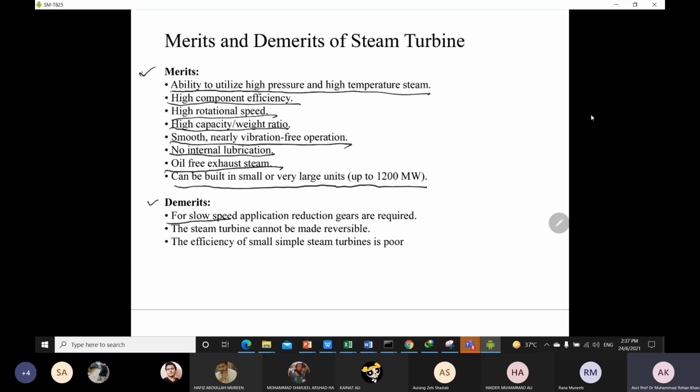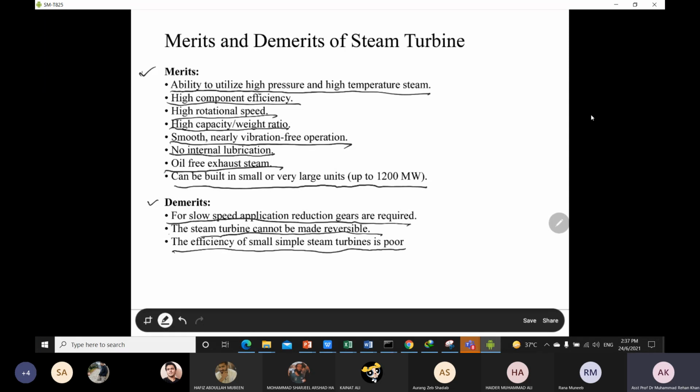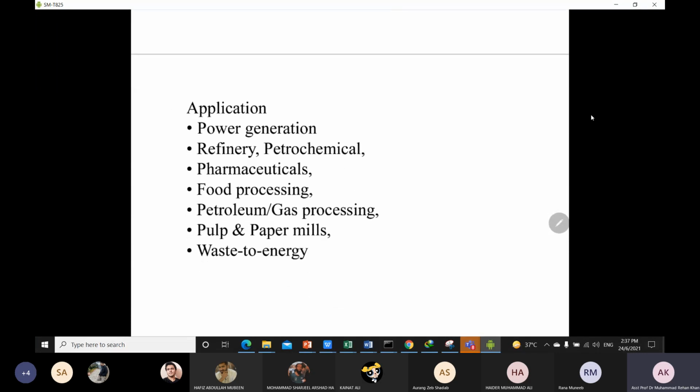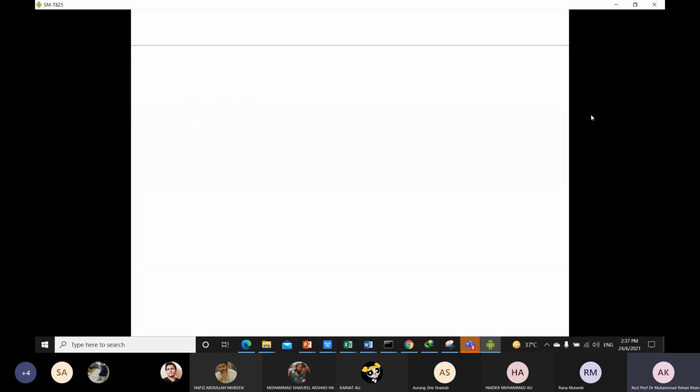Disadvantages: for slow speed applications, reduction gears are required. The steam turbine cannot be made reversible. The efficiency of a small simple steam turbine is low. This is just an overview of the disadvantages and advantages of the steam turbine. The applications are in power generation, refinery, petrochemical, pharmaceutical, food processing, petroleum, gas processing, pulp and paper mills, and waste to energy conversion.